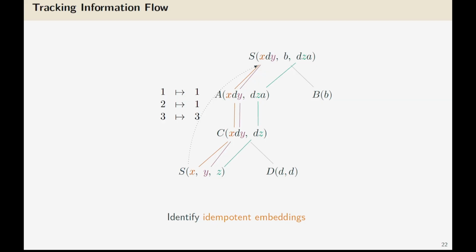And if we have an idempotent embedding, then this means that this function, this embedding, will always be the same, no matter how many times we repeat this loop. And so the fixed points of this embedding is exactly where we will accelerate, because everything will flow in from the sides into these registers.